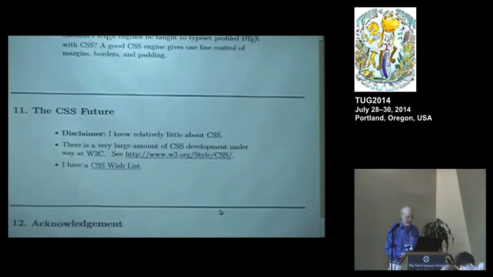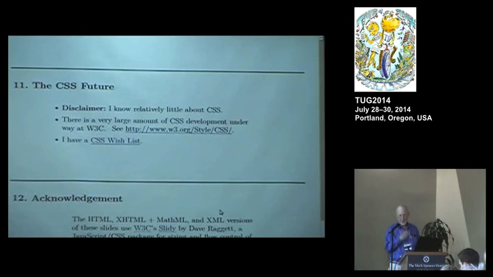And as I said, I know relatively little about CSS. And I already said there's a large amount of CSS development underway at W3C, which is one reason why I think we could choose to have optimism about this approach to online rendering of math.